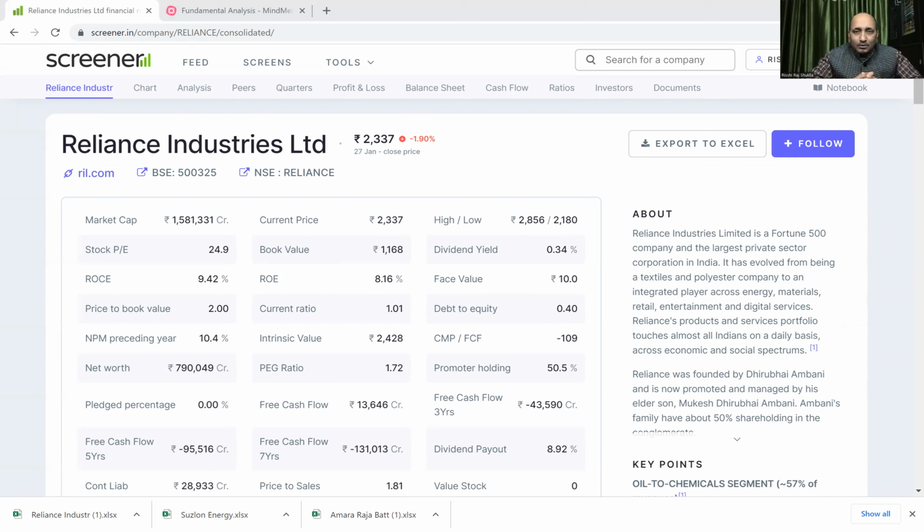We must deep dive and see why this is happening. And the least we can do is exit that stock. So we have seen all four parameters, how we can analyze, how we can get data and take decisions.